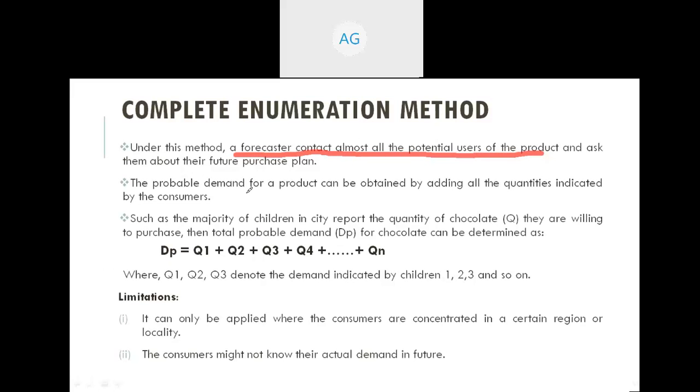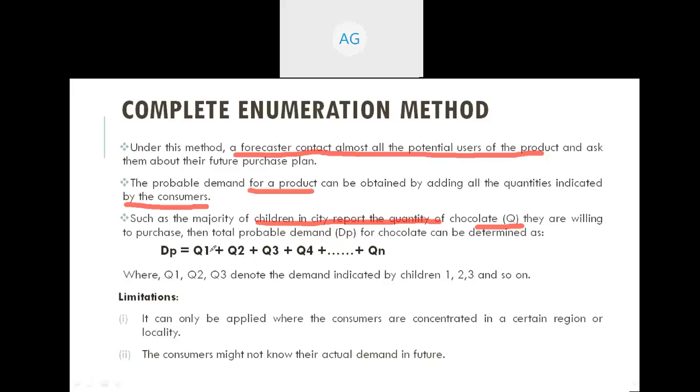So the probable demand for a product can be obtained by adding all the quantities indicated by the consumers. So this is the example: such as the majority of the children in a city report the quantity of chocolate, which is denoted as Q, they are willing to purchase, then the total probable demand for the chocolate can be determined as this.